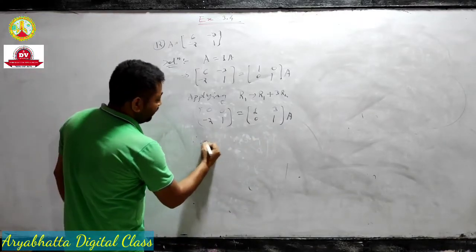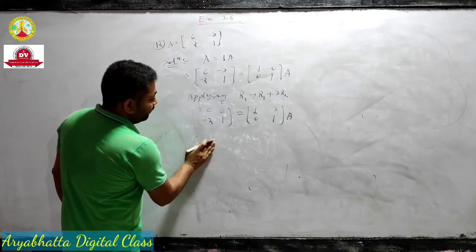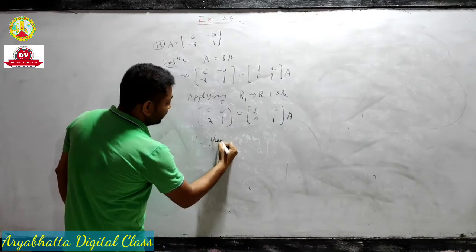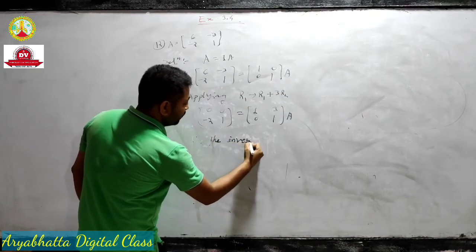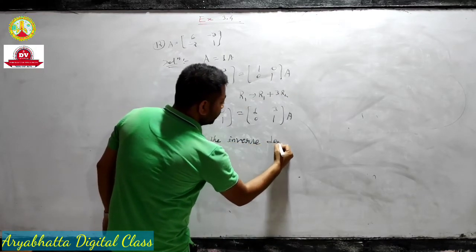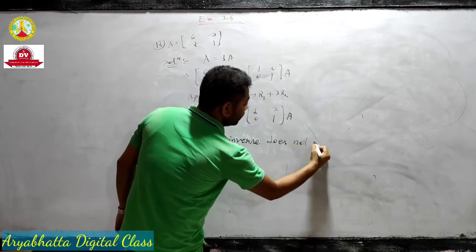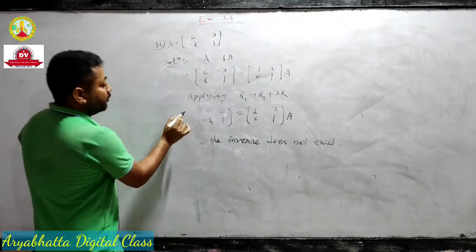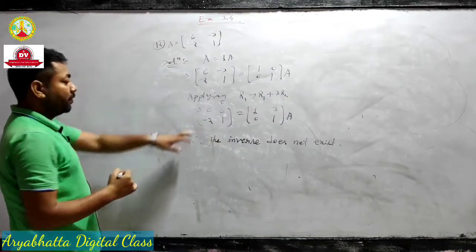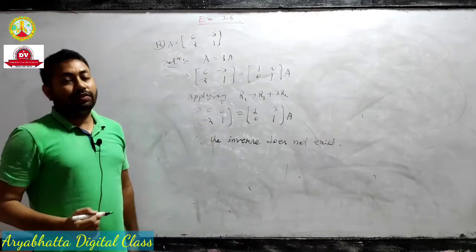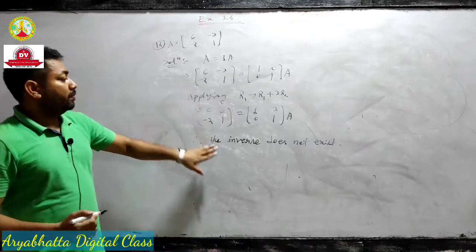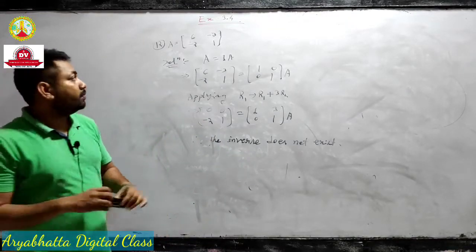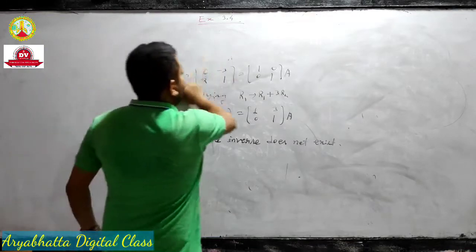Remember this point. Therefore, the inverse for this matrix does not exist, because for the first row all elements are 0. Therefore, the inverse does not exist.